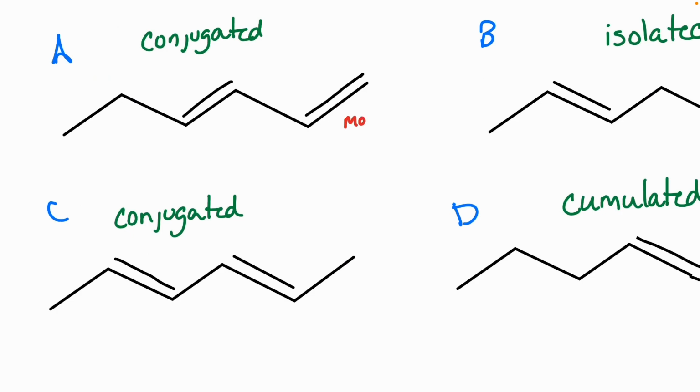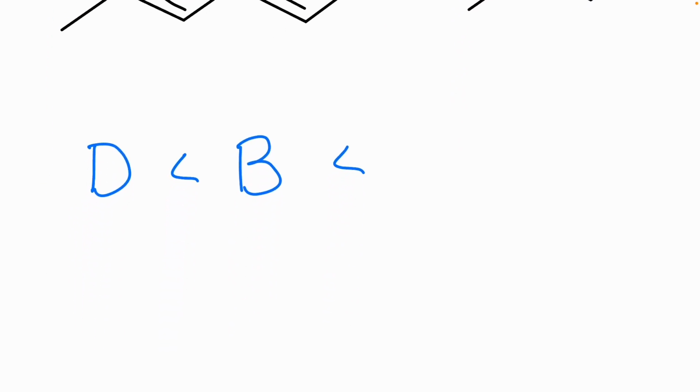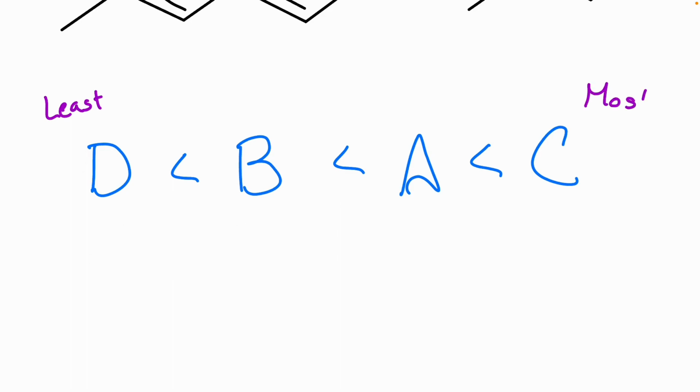This one's just mono, and this one's di. But in C, both of them are di-substituted, right? So yes, both A and C are examples of conjugated dienes, but C just has a higher degree of substitution, right? So that's how we can tell that the next will be A followed by C. And again, these are ranked from least to most stable.